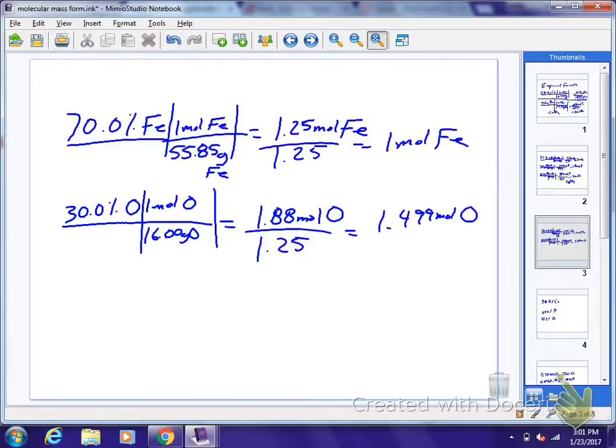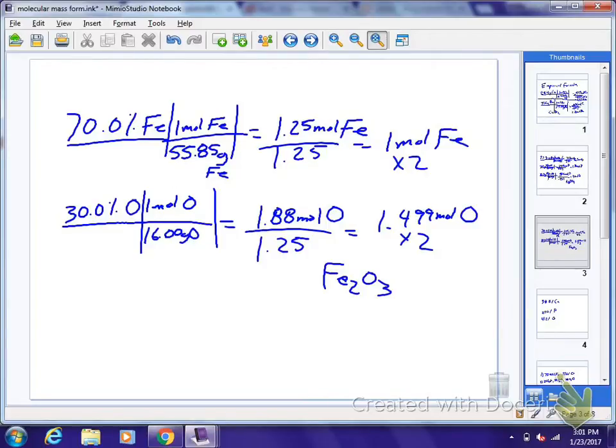But common sense tells you if it looks like it's 1 to 1.5, that'd be the same as 2 to 3. So I'd multiply both of these by 2, and I get numbers really close to whole numbers, especially the second one. The first one is exact, so it's Fe2O3.